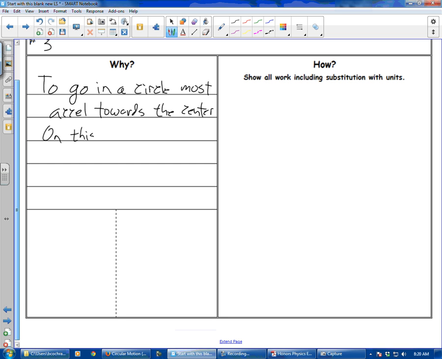On this flat corner, friction provides the force that creates the acceleration.